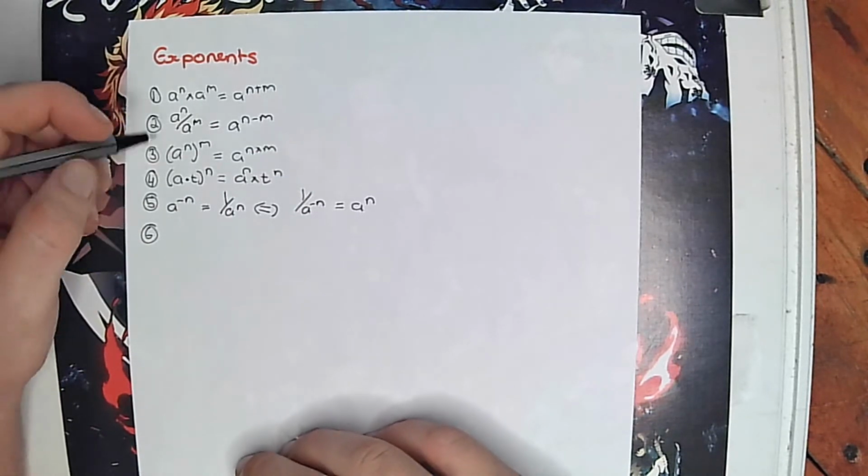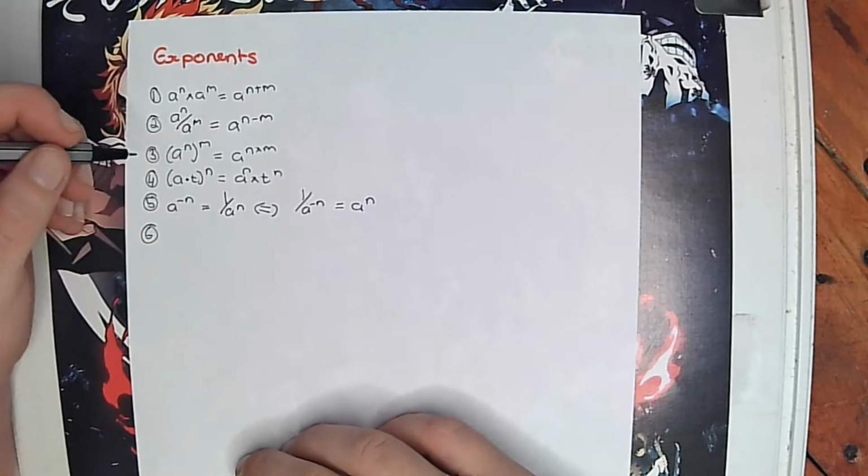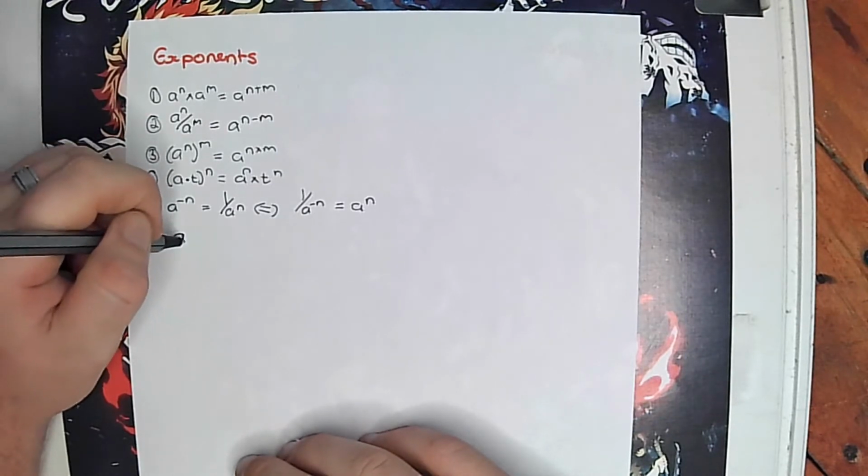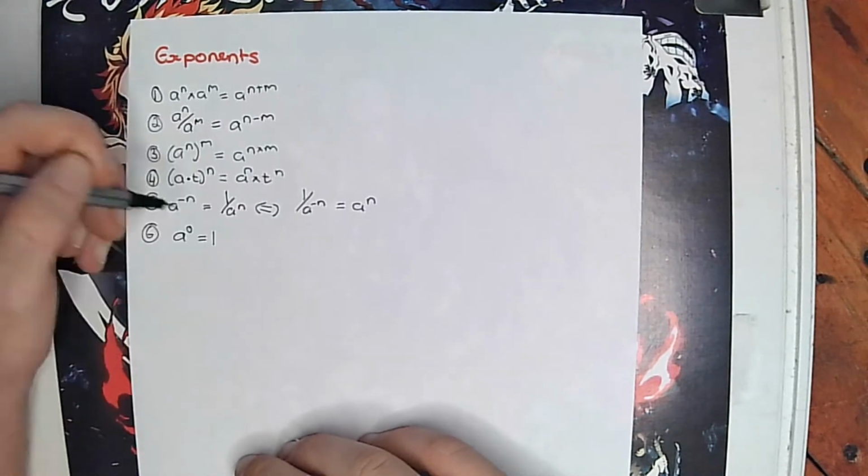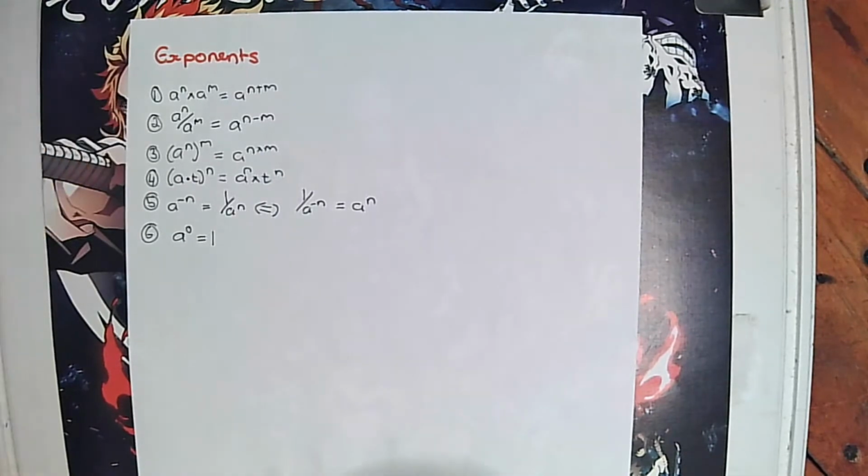Last one, and in my opinion, one that you guys most commonly forget, anything to the power 0 is equal to 1. So these are the basic exponent laws that you have to know. Unfortunately, I don't have any neat tricks for you guys to remember them. They are what they are, and you just have to remember them.